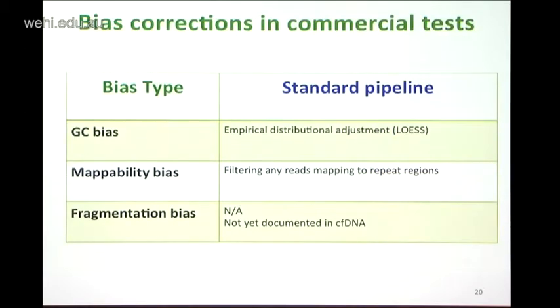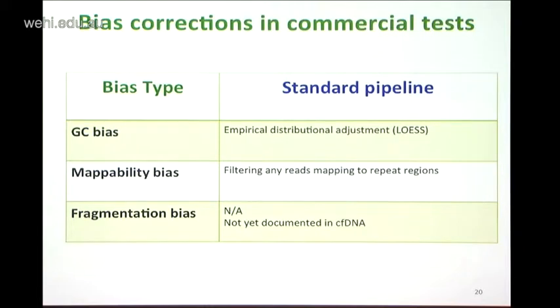Now, the commercial tests actually account for some of these biases. To correct for the bias due to GC, they do an empirical distributional adjustment, and for the bioinformaticians, it's simply a lowess correction. To account for the bias due to repeats, they do a hard filter where they filter out all genomic regions that are designated as repeats, and along with it, any count that goes into those regions.